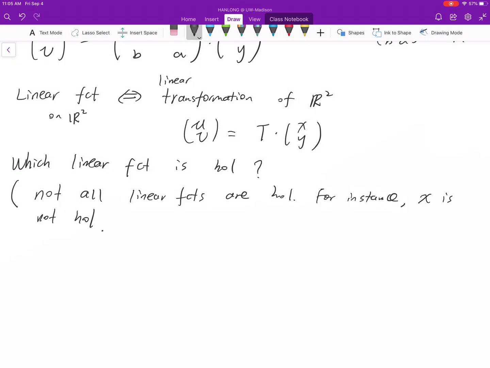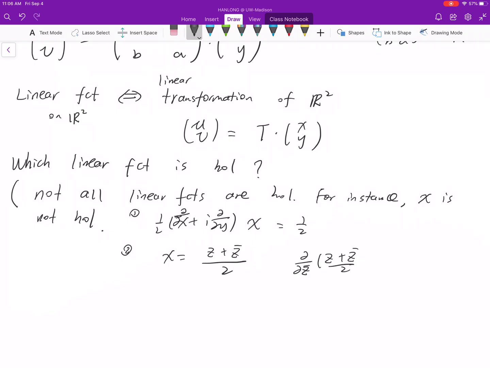We have many ways to verify that. First, we hit it by the Cauchy-Riemann operator, and you have 1/2. Or you write x as (z plus z bar) divided by 2, then it's clear. The Cauchy-Riemann operator gives you 1/2.